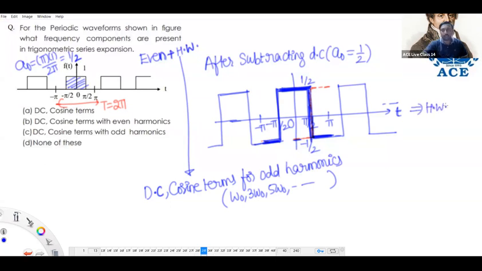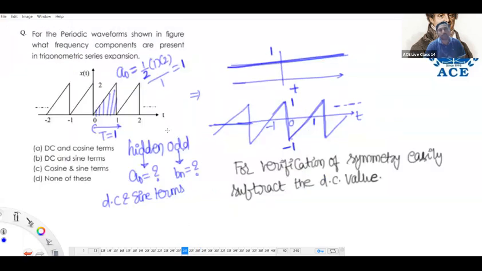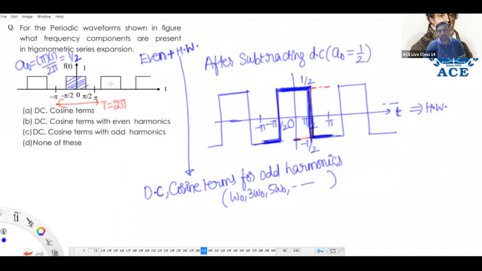So what is the advantage of removing the DC value? In the first example, the sawtooth, by removing DC we felt it has odd symmetry. In this example, by removing DC, we felt half-wave symmetry. So when you subtract the DC, the advantage we get is that verification of symmetry becomes easy.